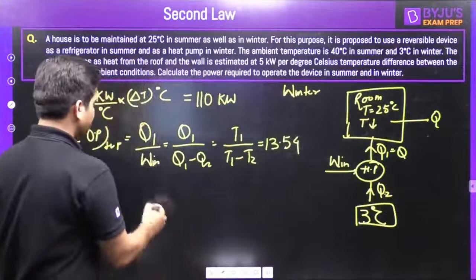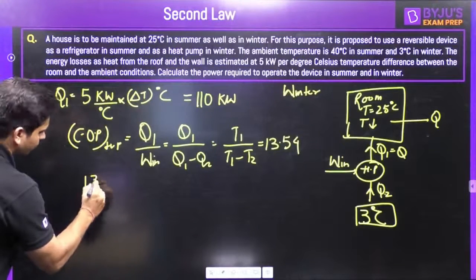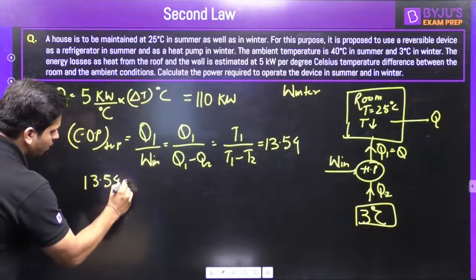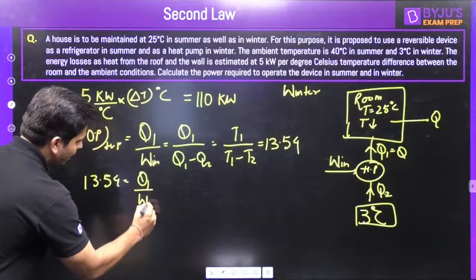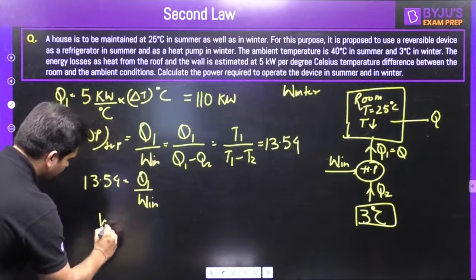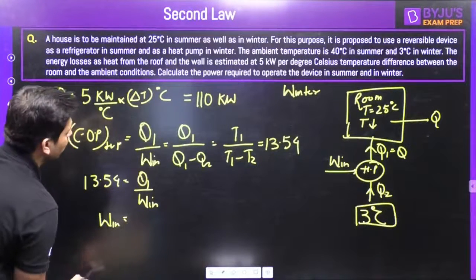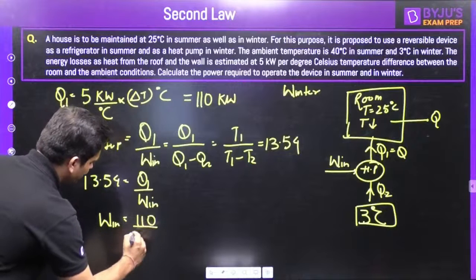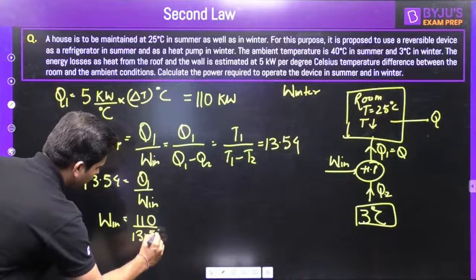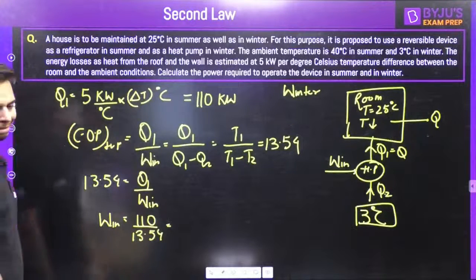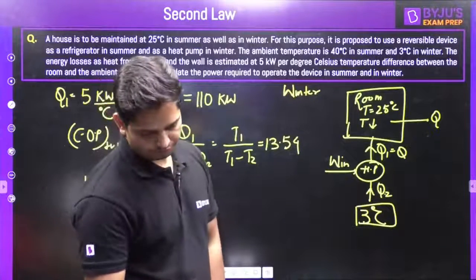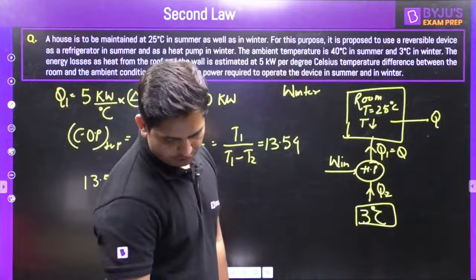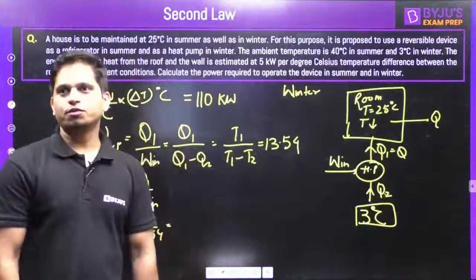So you use this, COP is equals to Q1, I know, Wn I need to calculate. Wn is equals to 110 by 13.54, which is 8.12.